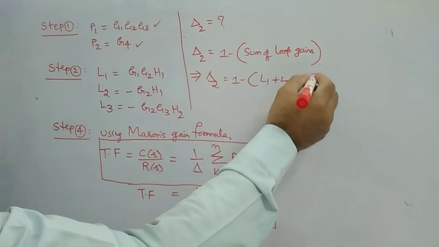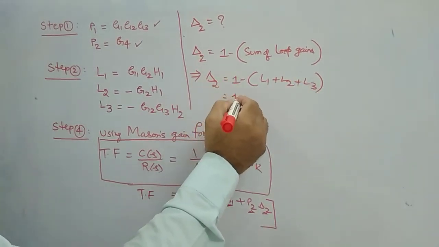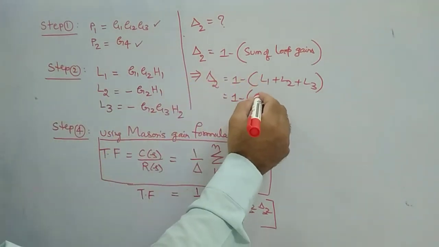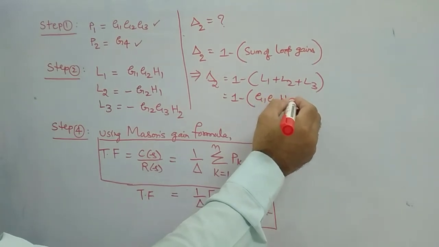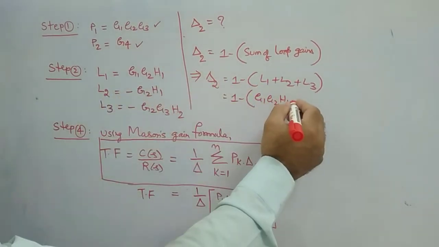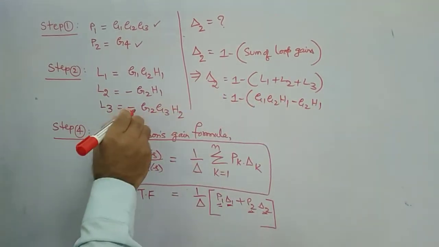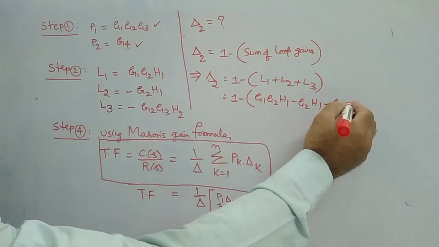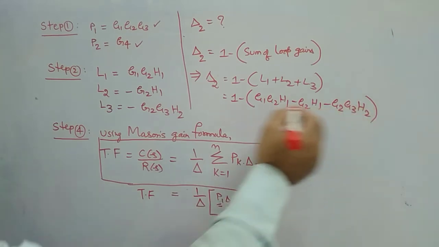That's all; this is the delta 2 value. Further, 1 minus, what is L1? G1, G2, H1. What is L2? Minus G2, H1. And what is L3? Minus G2, G3, H2.